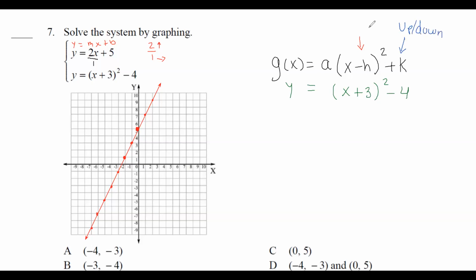My H parameter moves it left or right. My A is going to either stretch it or compress it vertically. Now, do we have an A parameter? It's 1, so it doesn't do anything to it.